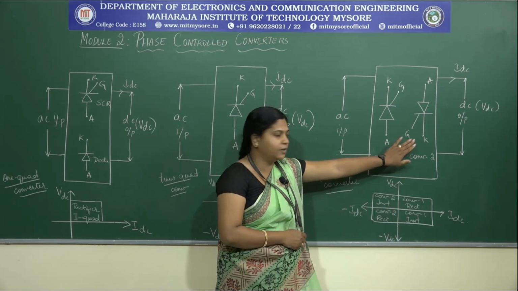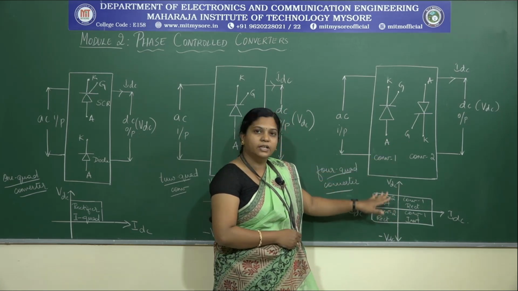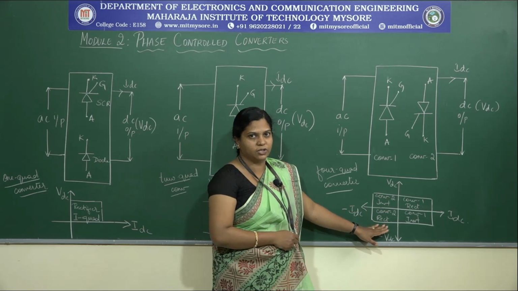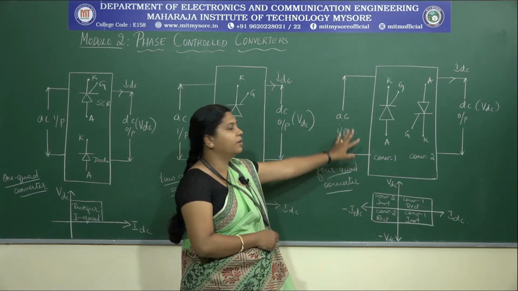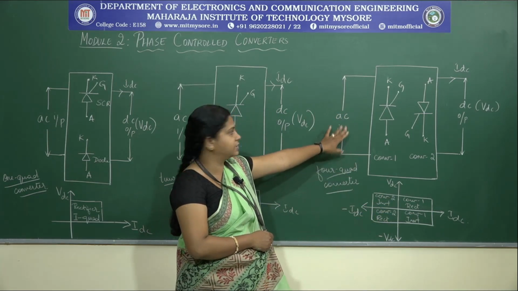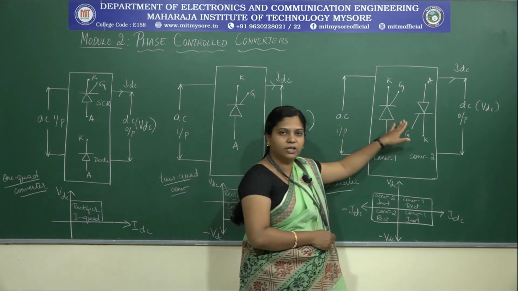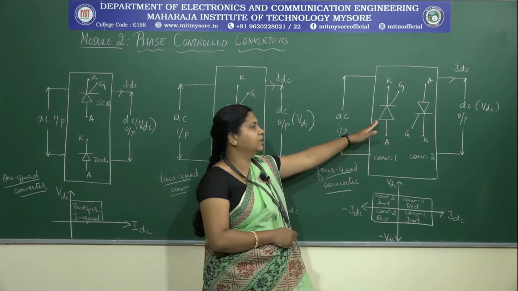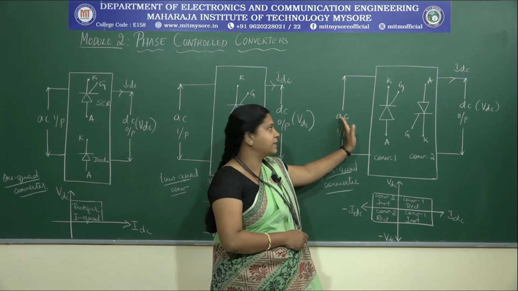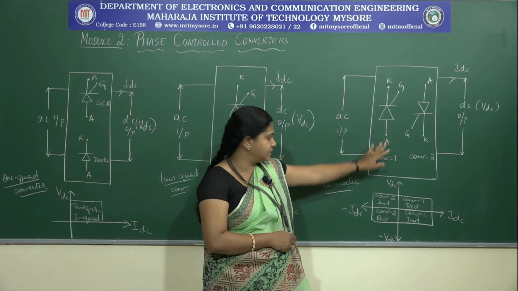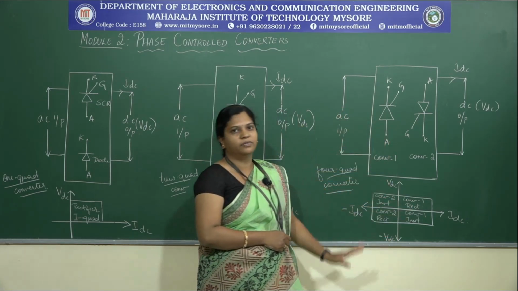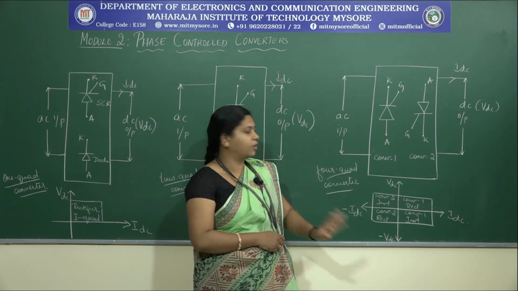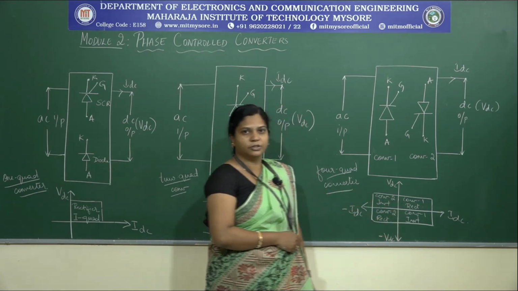Similarly, the other converter will also be responsible for the inversion as well as the rectification action. Since we have 4 different devices connected along the same supply, depending on the input applied across the position of the thyristors, we will have the function in all 4 quadrants.